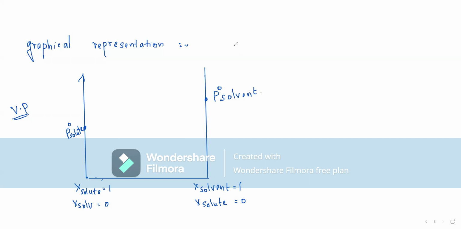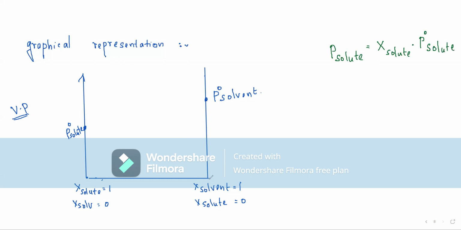Now, when we move from right to left, the mole fraction of the solute is increasing. As the mole fraction of solute increases, partial pressure of solute should also increase, because partial pressure of solute is mole fraction of solute into P naught of solute.